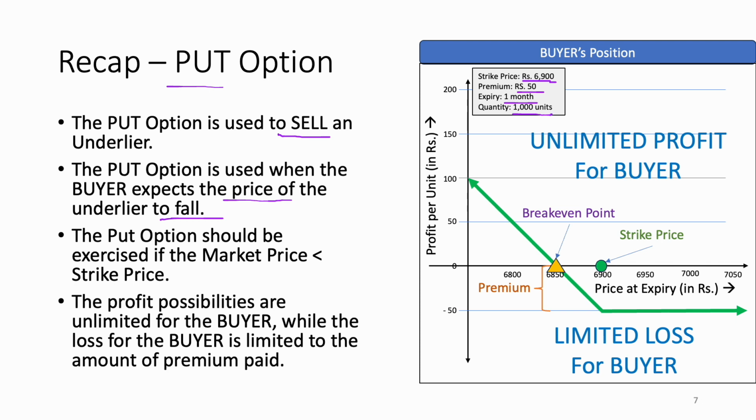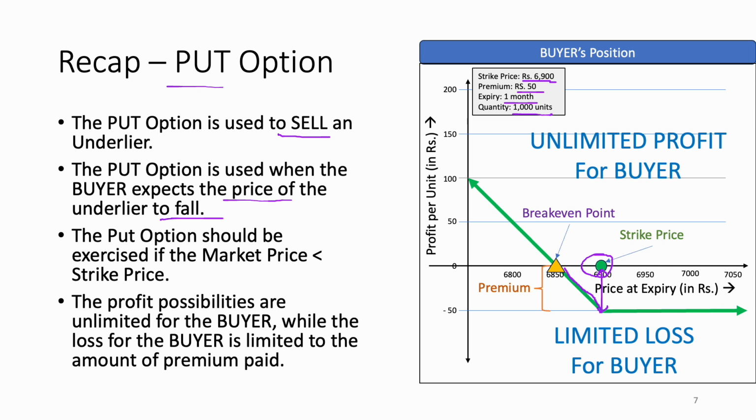So here we have a strike price of 6,900, a premium of 50 rupees, expiry of 1 month, and we are buying 1,000 units. The strike price plus the premium is the amount of investment we have made. If the price of the underlier falls, then our profits start coming in.